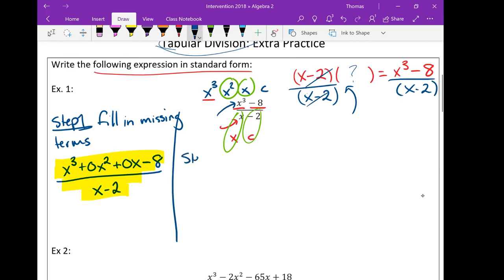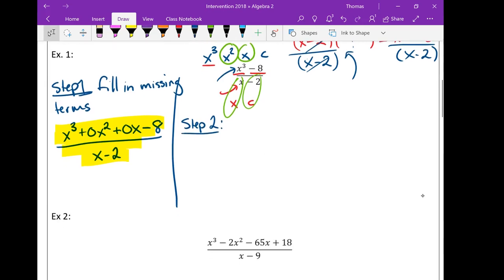Then step 2, we need to figure out the number of rows and columns. So rows, there's a formula for this: it is going to be the degree of the denominator, aka the bottom of our fraction, plus 1. Degree of the denominator plus 1.